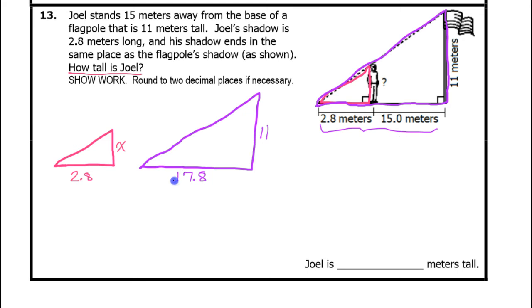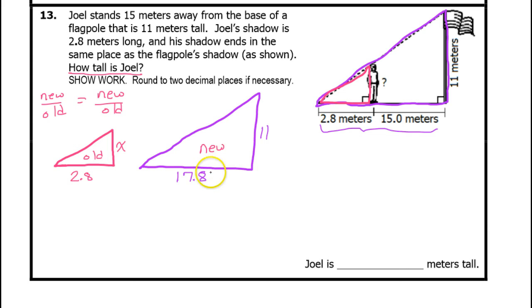Okay, so I am going to label the smaller triangle as old and the larger triangle as new, so that I can set up my proportion in the form new over old is equal to new over old.